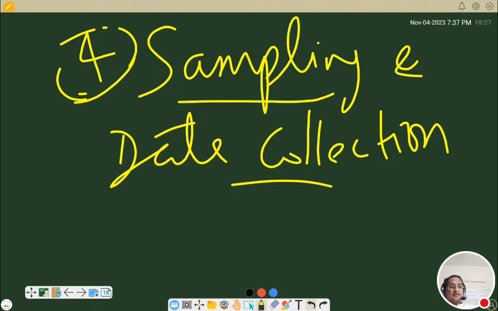What is sampling? Having a sample. Suppose we want to study the IQ level of the aspirants who write civil services. We cannot reach each and every aspirant, because that will be resource exhausting. We don't have that much money, we don't have that much time, so it will be a futile exercise. So rather than that, we can select a representative group of aspirants who represent the complete country.